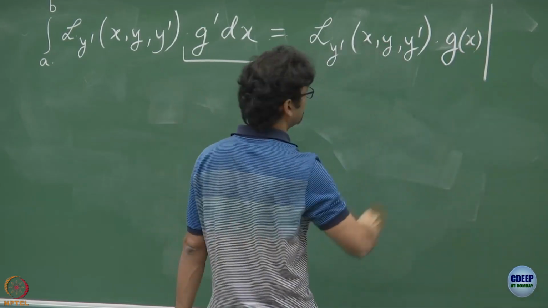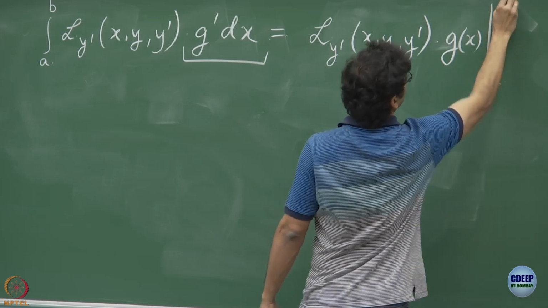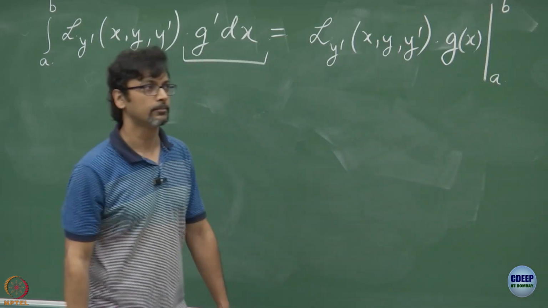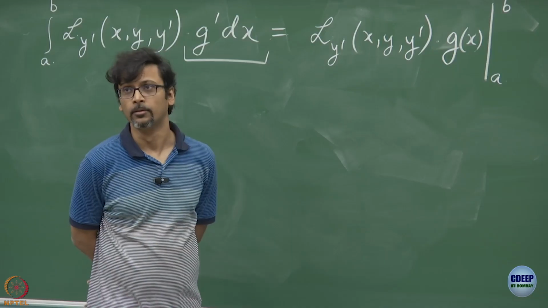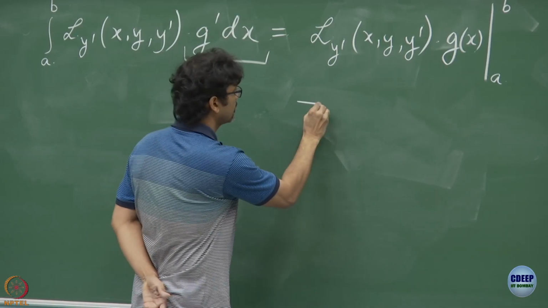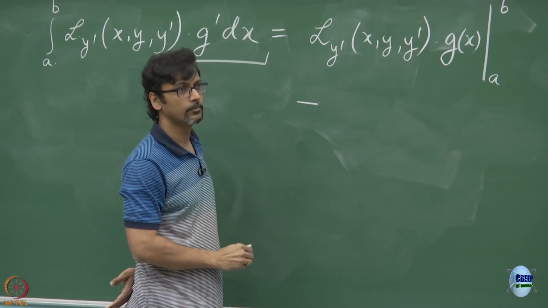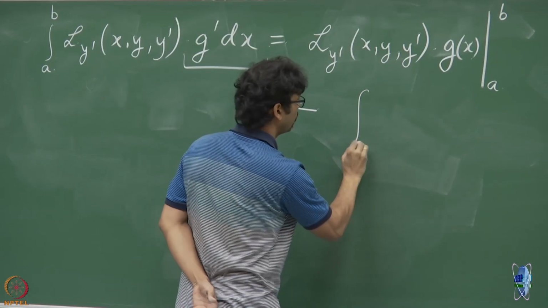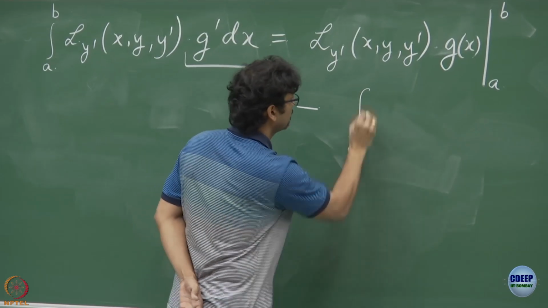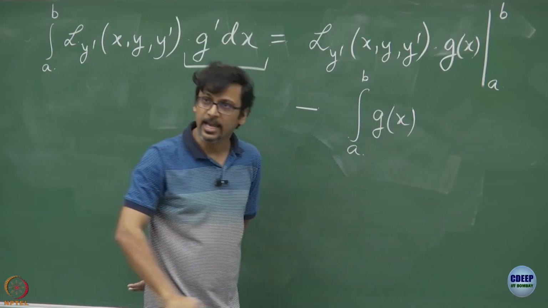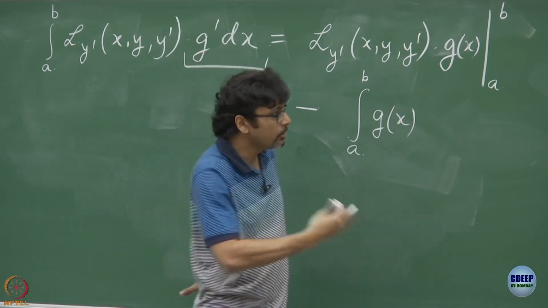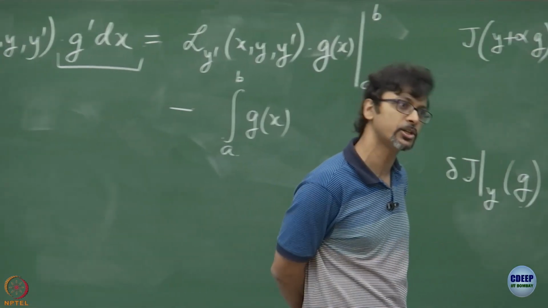But here's the deal clincher. Why is this important? Or why is this interesting? What do you think? Exactly. We've just argued a while back why g must vanish at a and b.